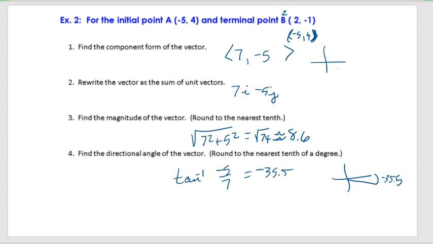So this one is located positive, negative. Oh, it's located down there. So this is going to be 360 minus 35.5, which is 324.5. Let me make sure I copied it right. I did. Degrees.